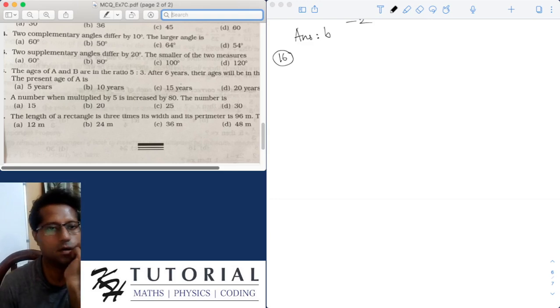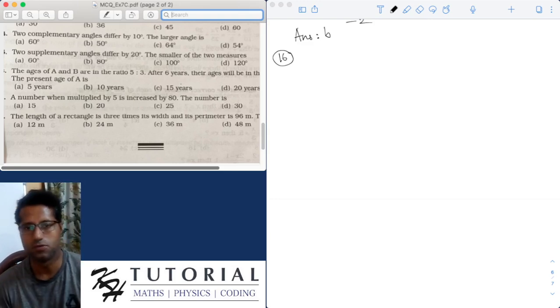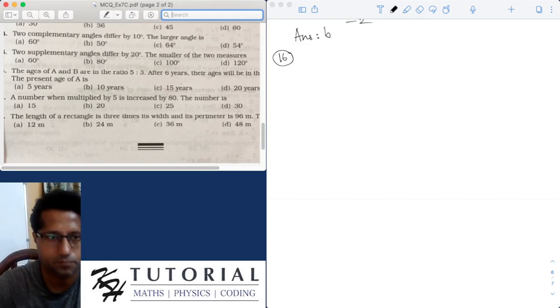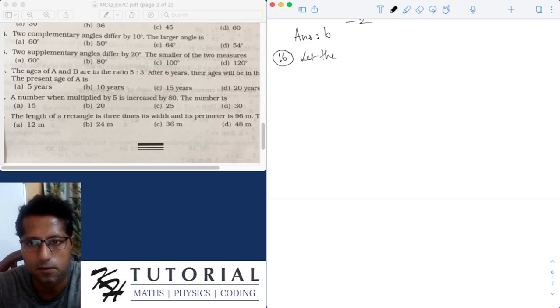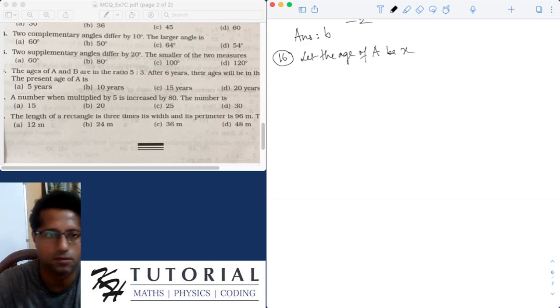The concept of ratio and proportion is involved in this problem. So let the age of A be x.